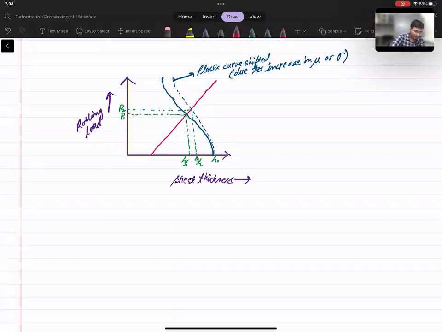So that will appear like, say, this is HF1. So now the elastic curve will be something like this. Okay.